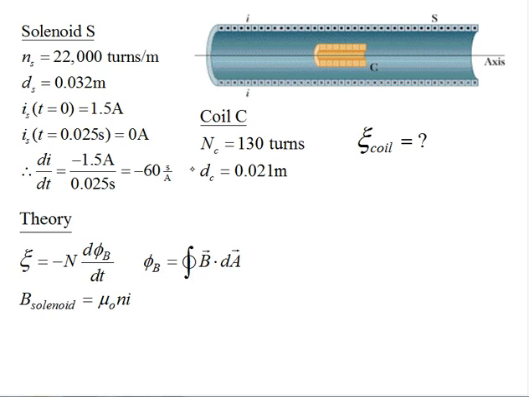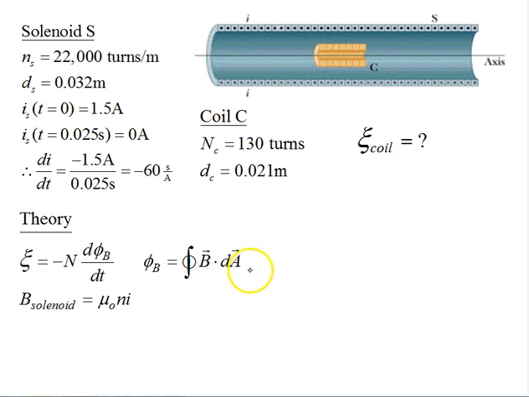So our theory that we should use, we'll use the theory for an EMF, because that's what we're trying to find. It's relative to the rate the flux changes with time. We have our theory for our flux, and we have our theory for the magnetic field of the solenoid. We also need the theory for the area.